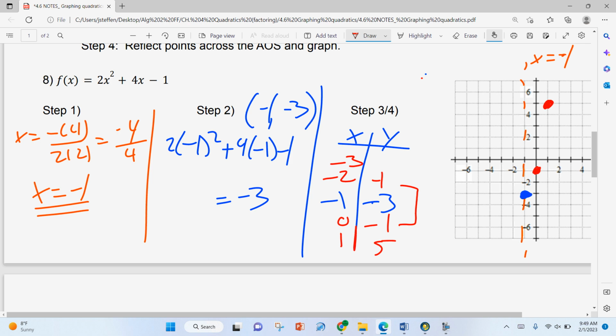And if 1 goes to 5, then the other side of the vertex goes up to 5. So this one, -2 goes to -1, and -3 goes up to 5. That gives you your parabola. That parabola looks like an absolute value because it's really skinny, but it doesn't matter because I can see ordered pairs.